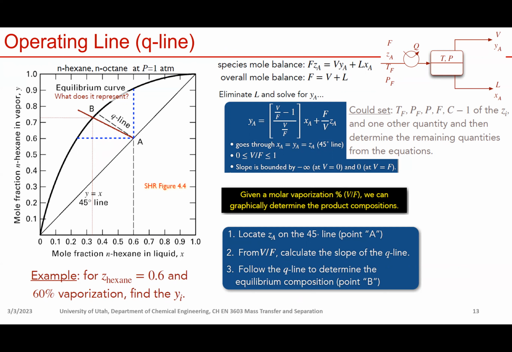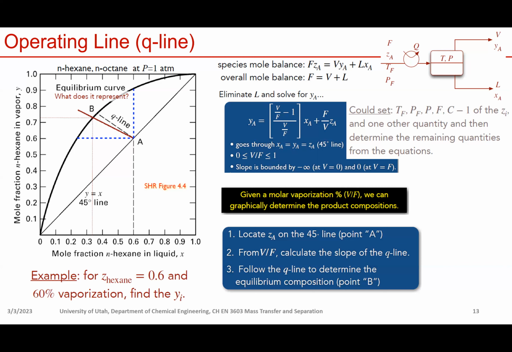This represents a line that starts from a point on the 45-degree line, and the exact point where it starts depends on the feed composition. The slope of this line depends on the so-called molar vaporization ratio, right?